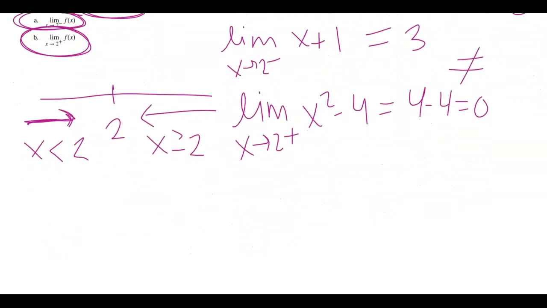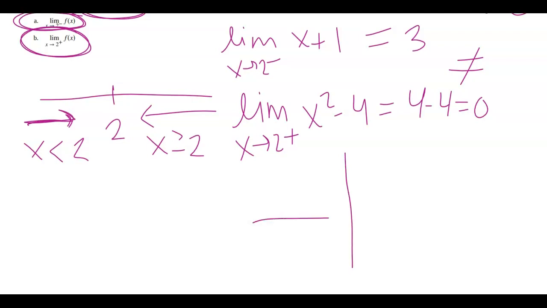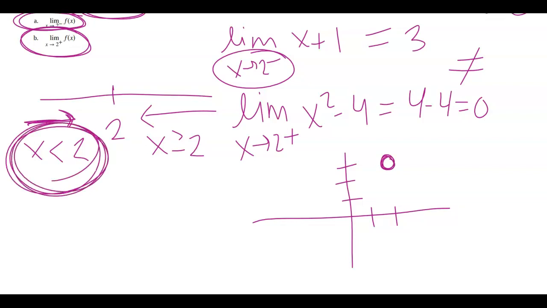But one thing that I want you to note is that if you were to look at a graph of this, as I approach 2 from the left, I must be going to 3. Now I used an open circle because of the domain here. As I approach 2 from the right, my output goes to 0. So this is going to be a jump.